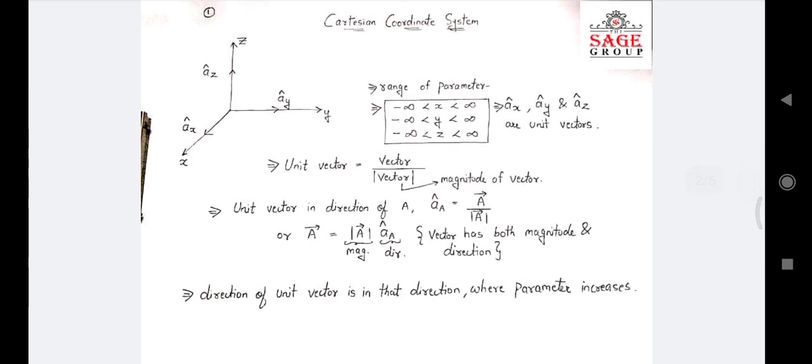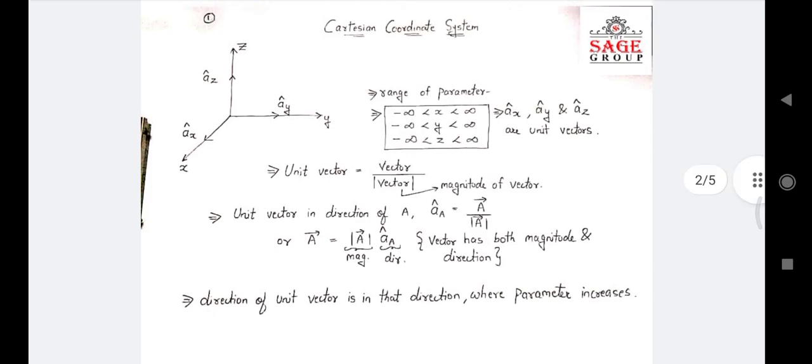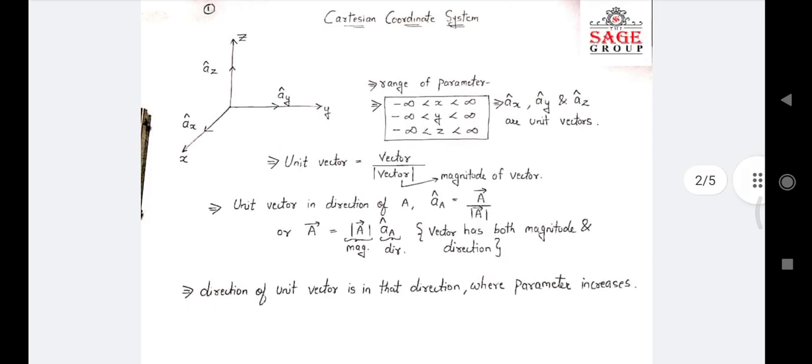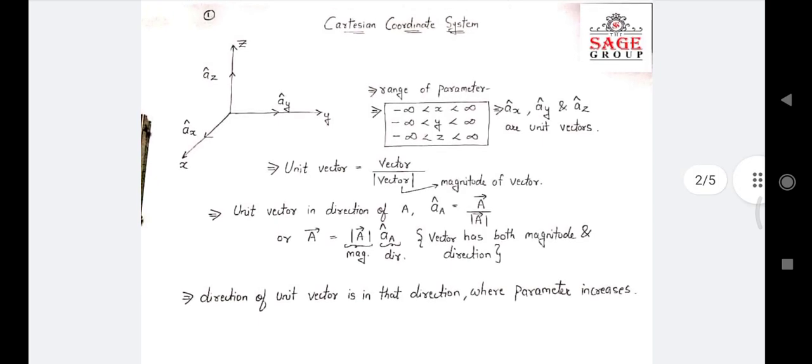We have already studied the basic definition of a vector in the previous classes, that is in 9th standard and 10th standard. You have already studied that a vector has both magnitude and direction, and the formula written in front of you already shows that a vector has both magnitude and direction. So we have proved that a vector has magnitude and direction.